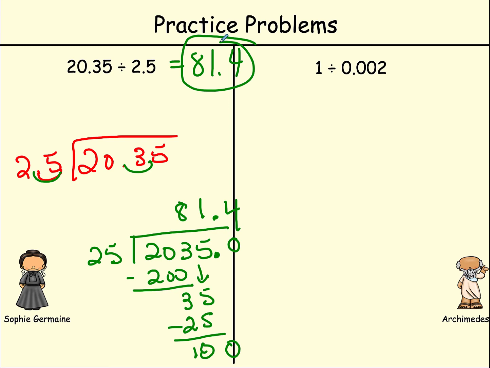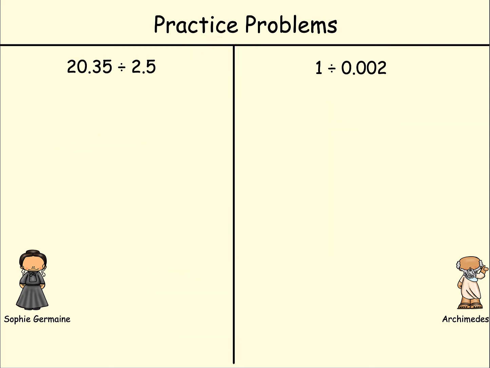Okay, so this problem says 1 divided by 2 thousandths. Okay, so let's see what we get. So go ahead and pause a second and set it up. Okay, let's see what you got.